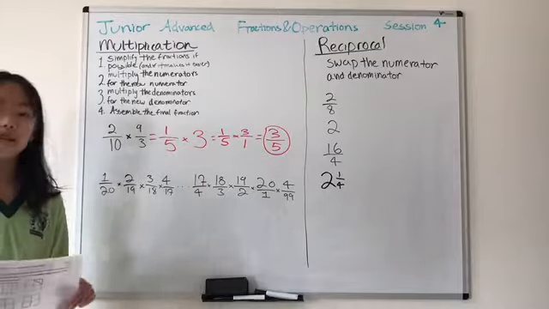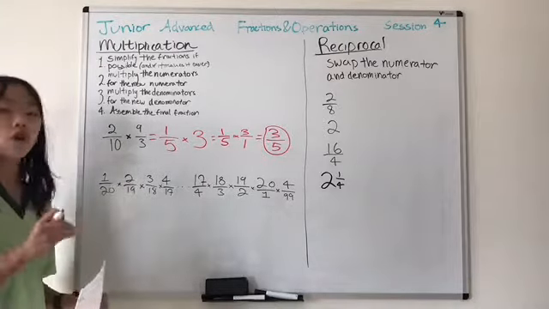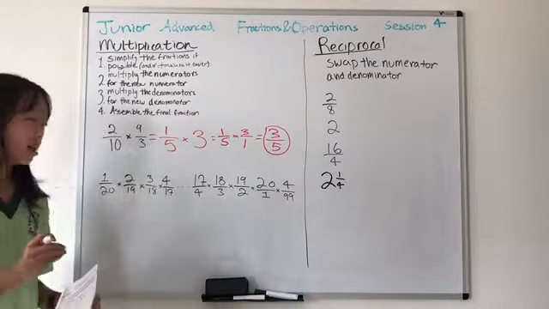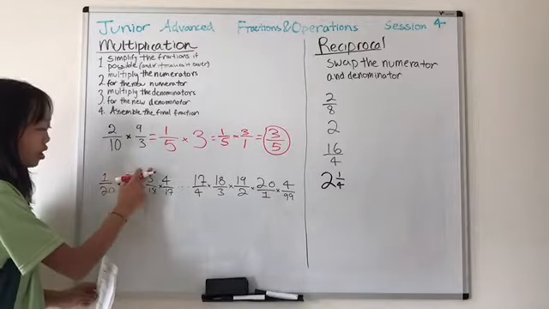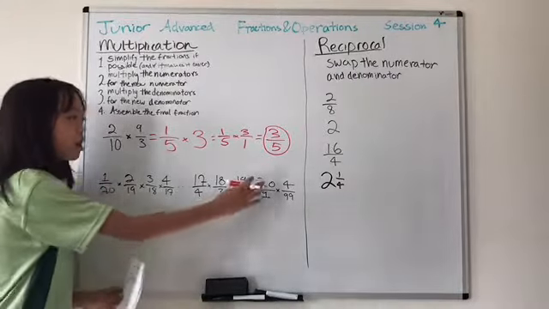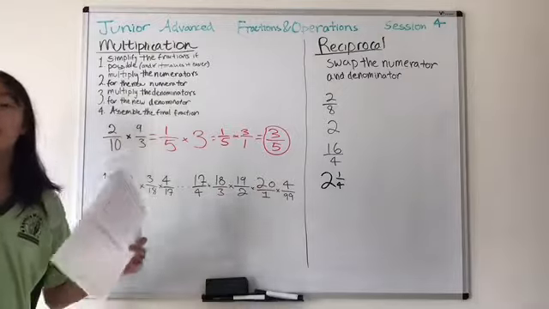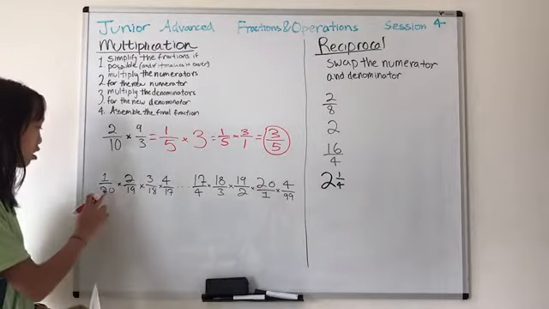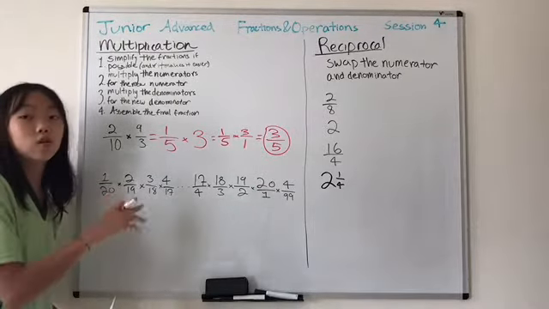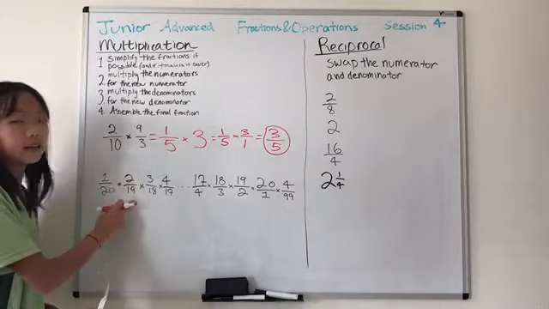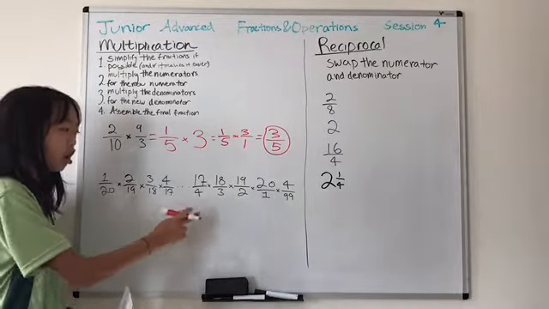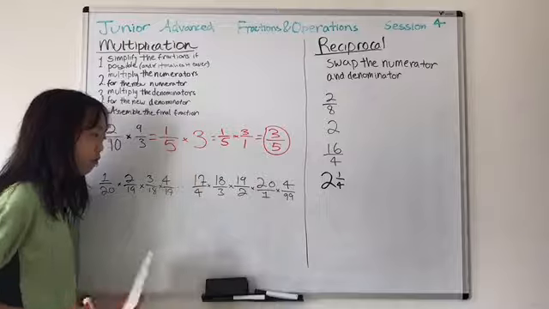So for the numerator in the start, it slowly goes up by 1 because it's 1, 2, 3, 4, all the way up until 20. And for the denominator, it's starting from 20 and then it goes down by 1 because it's 20, 19, 18, 17, all the way to 1.